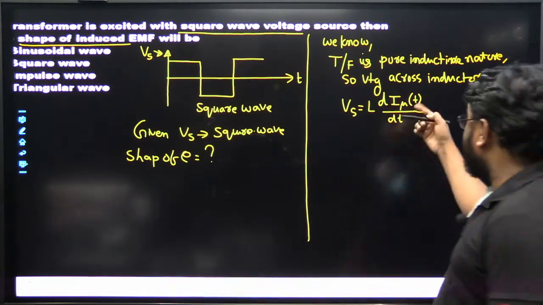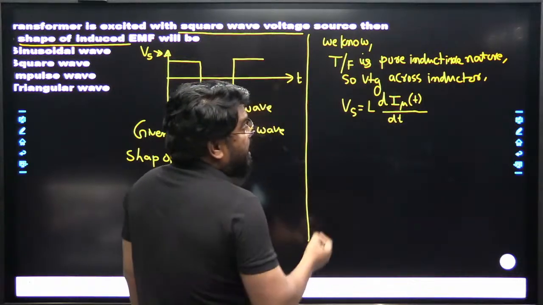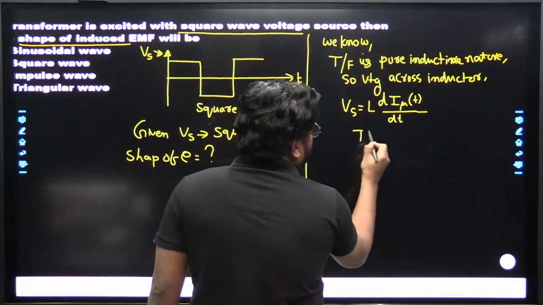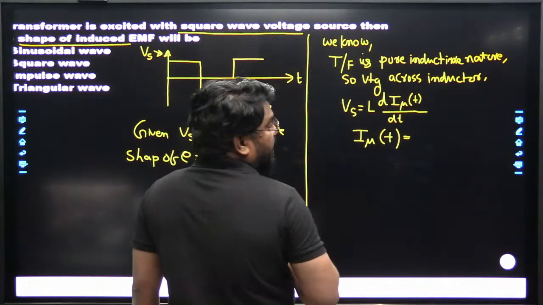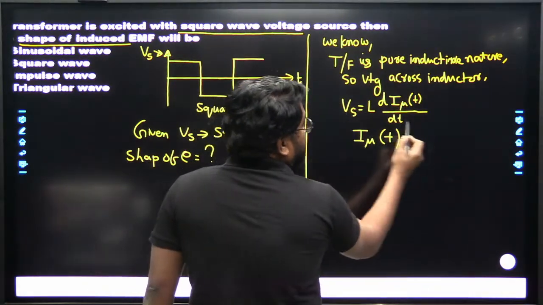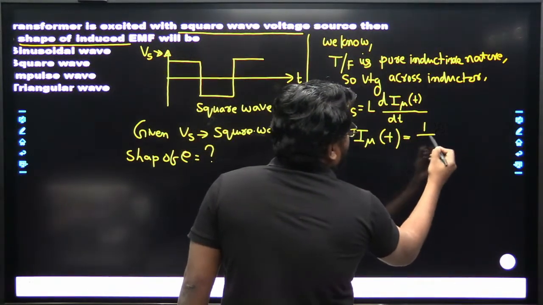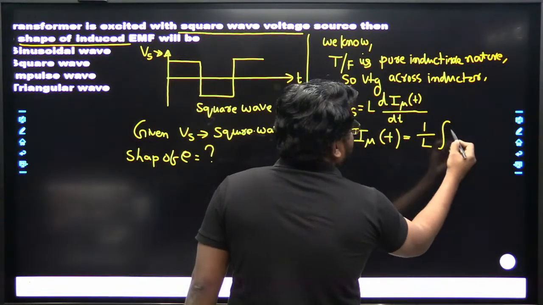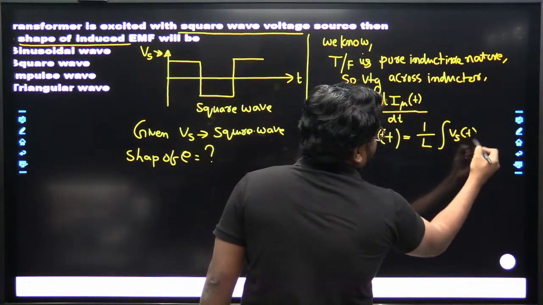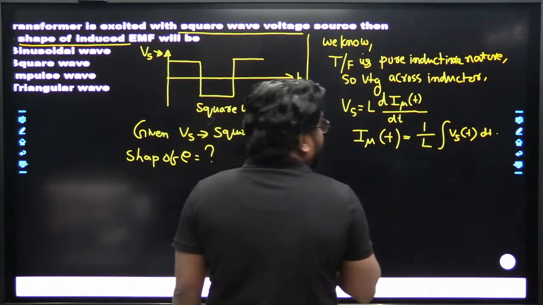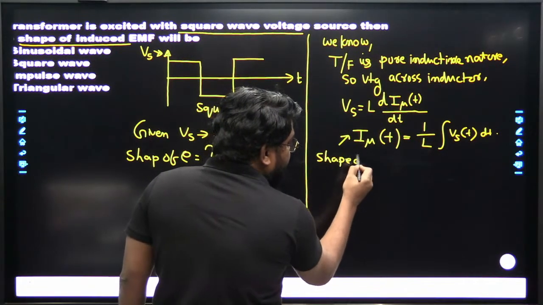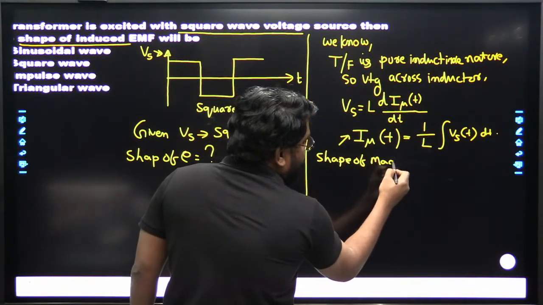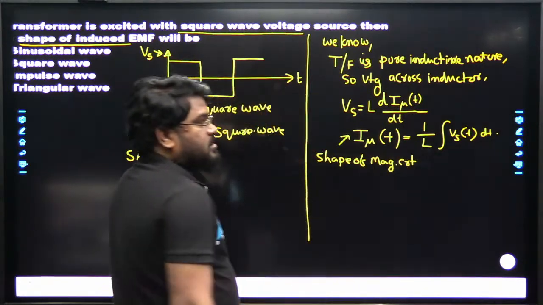Now let us find the shape of the magnetizing current. From here we can write i_mu of t equal to 1 by L integration of Vs of t dt. This is nothing but the shape of the magnetizing current of the transformer.